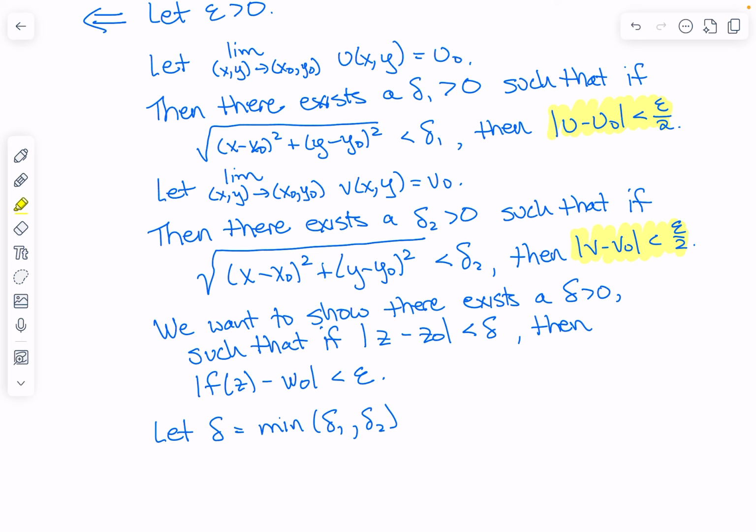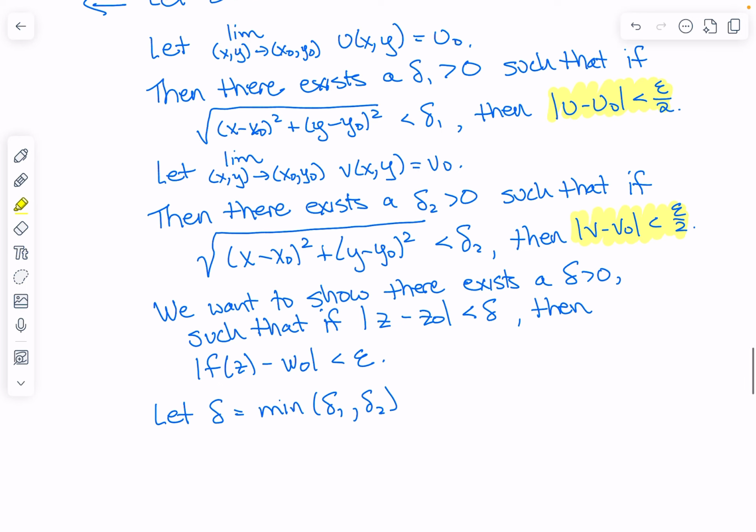Okay, so if I let delta be the minimum of delta 1 and delta 2, then I can guarantee that u is close to u0 and v is close to v0, because both of those inequalities have been satisfied.